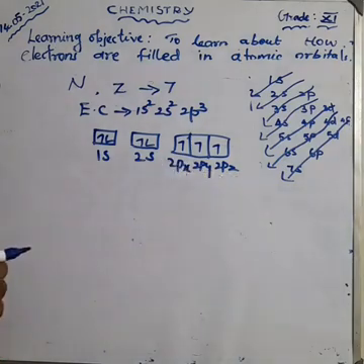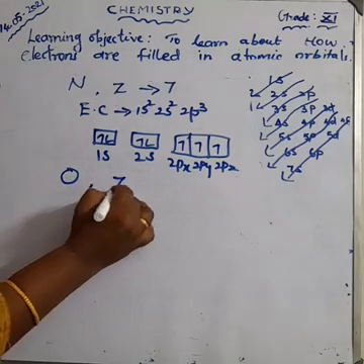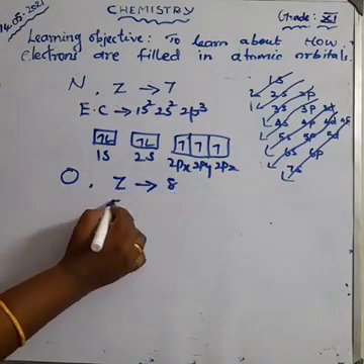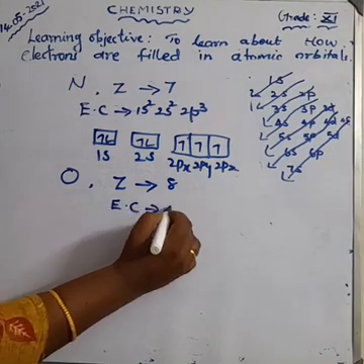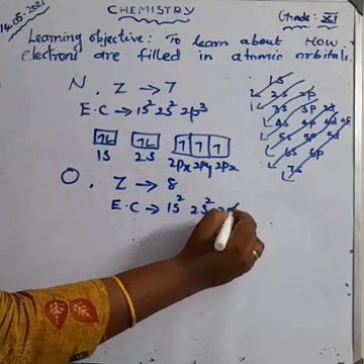Half-filled atomic orbitals. And then oxygen, atomic number for oxygen 8. So electronic configuration for oxygen: 1s2, 2s2, 2p4.